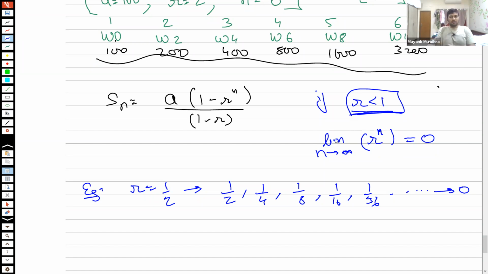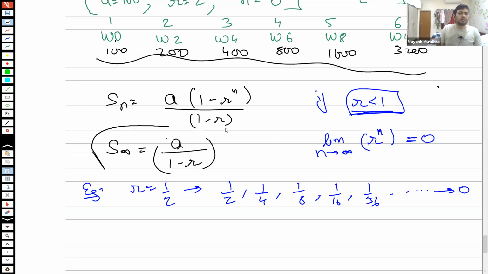So now, since this limit is 0, you can say that S infinity equals A upon 1 minus R, because this thing becomes 0. But this applies only when R is less than 1.